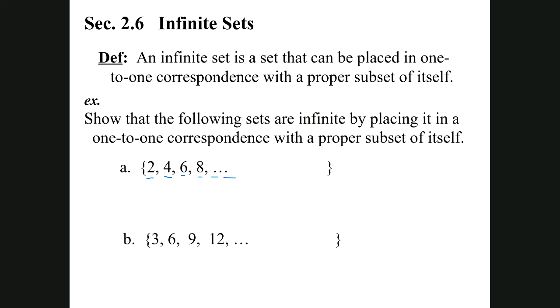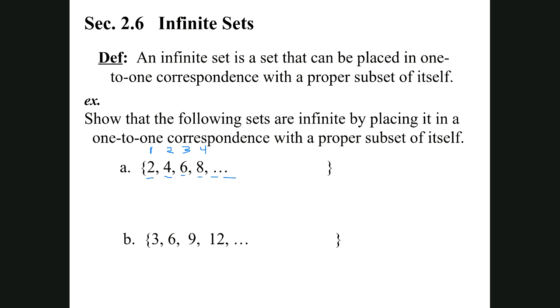And we say, well, how do we know this? You see, we keep adding 2 to get to the next term. So first term is 2, second term is 4, third term is 6, fourth term is 8, fifth term is 10.